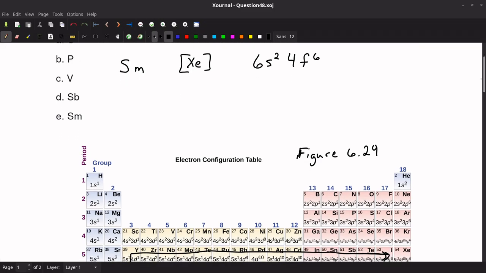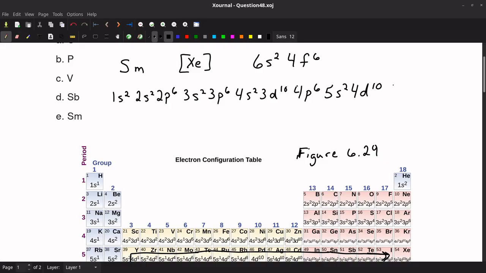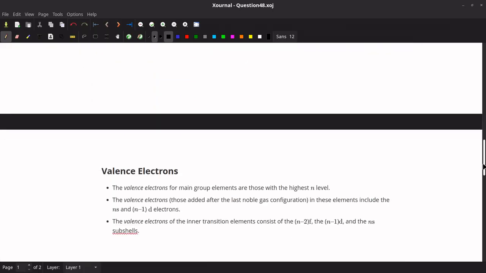You're going to have to forgive me because I'm going to have to fit quite a bit in here to make this happen. 1s2, 2s2, 2p6, 3s2, 3p6, 4s2, 3d10, 4p6, 5s2, 4d10, 5p6, and finally the valence portion, 6s2, 4f6.